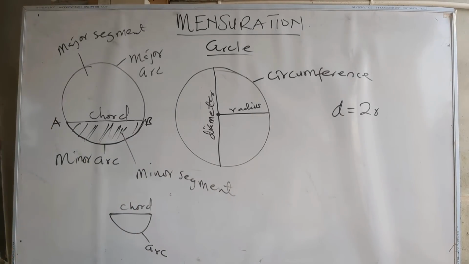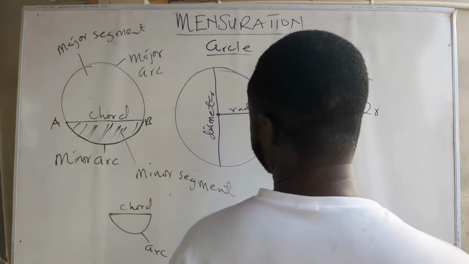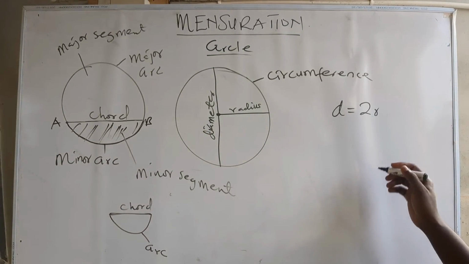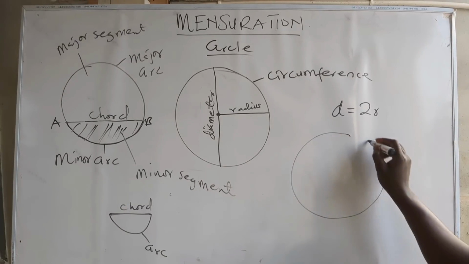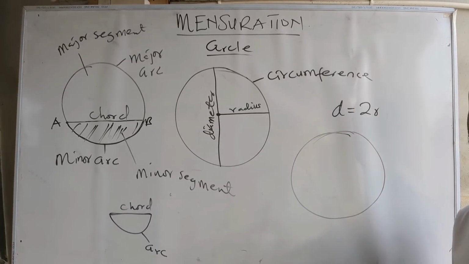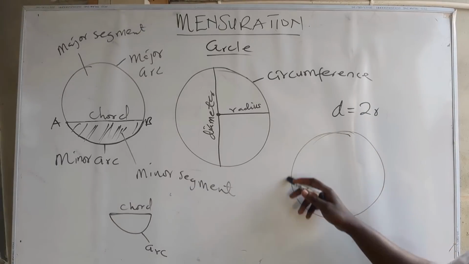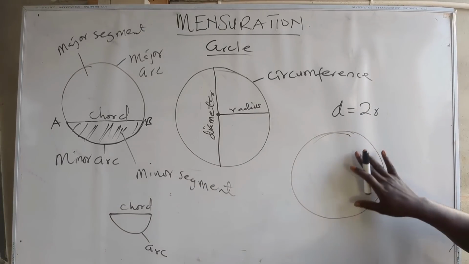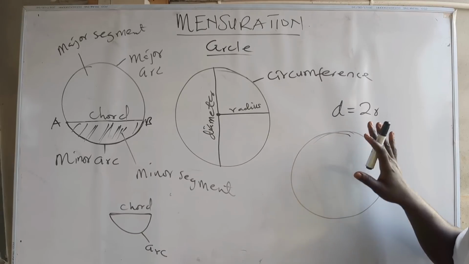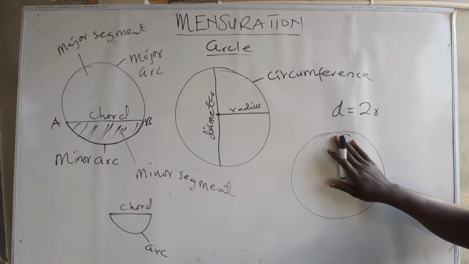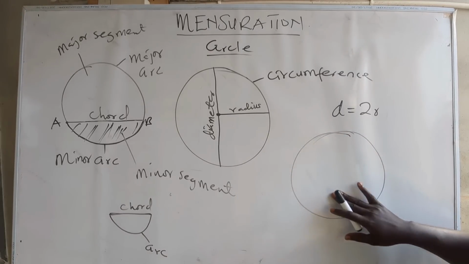Then, as we were saying, we also have some parts that we have still not done. When I draw a circle like this, everything within the space covered by the circle is called the area of the circle. So this particular space here is the area of the circle.